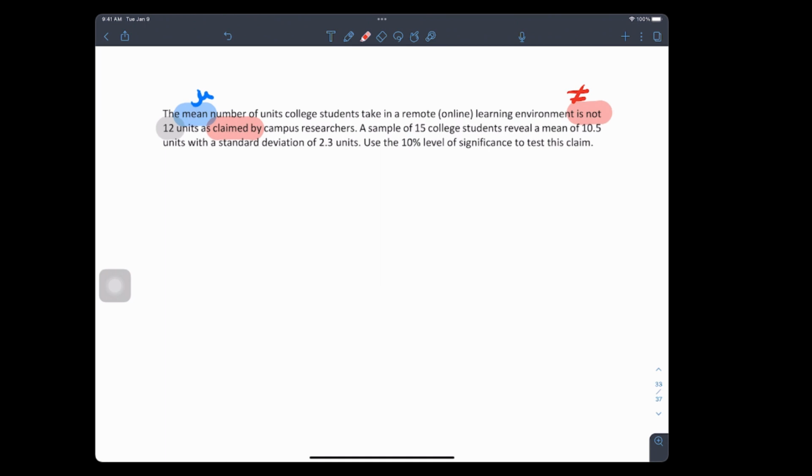So, not 12. Where does that belong? It's the alternate hypothesis. Is that right? No condition of equality. The opposite of not equal will be equal. And don't forget to put the phrase claim.